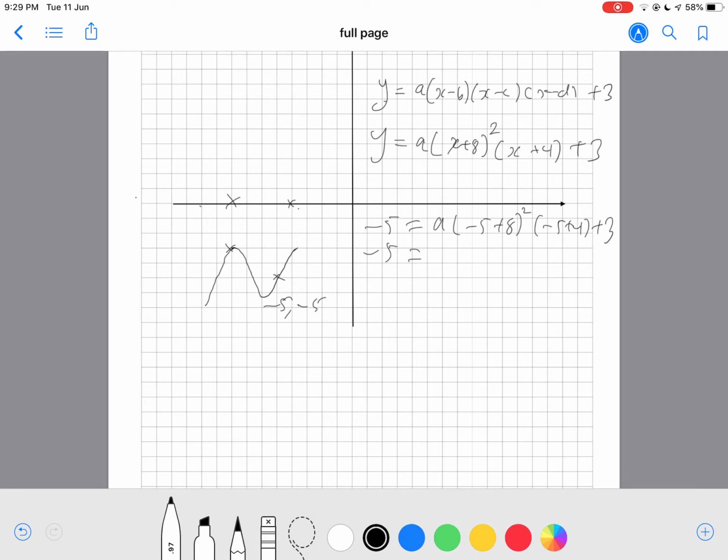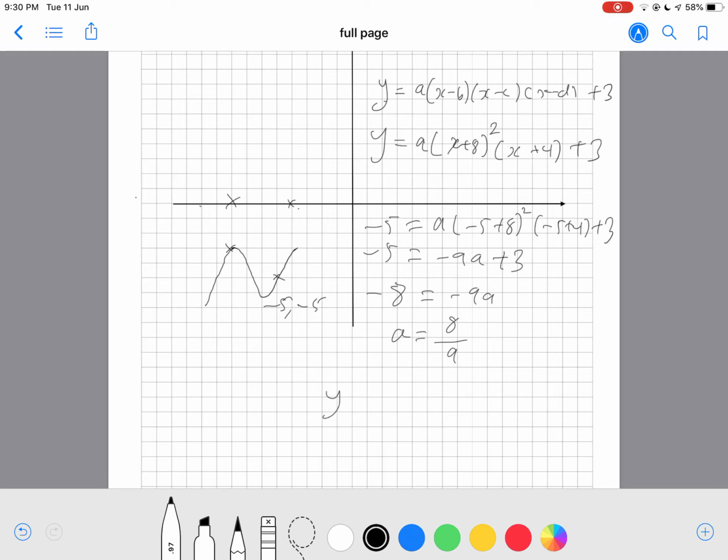So -5 plus 8 is 3, 3 squared is 9, 9 times -1 is -9a, plus 3. Moving the plus 3 to the other side becomes -3. So -8 equals -9a, therefore a equals positive 8 over 9.